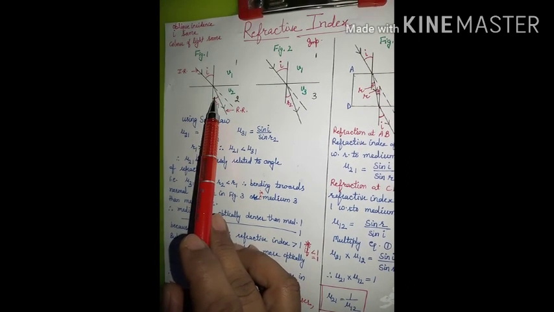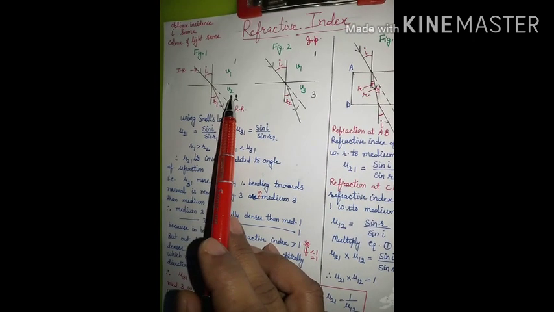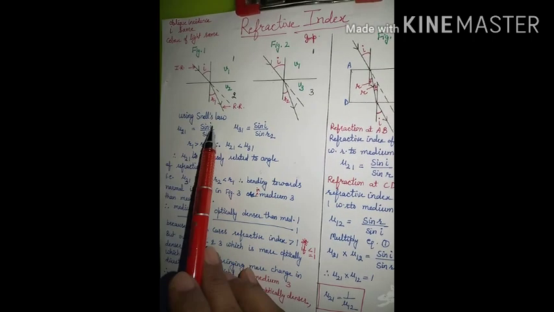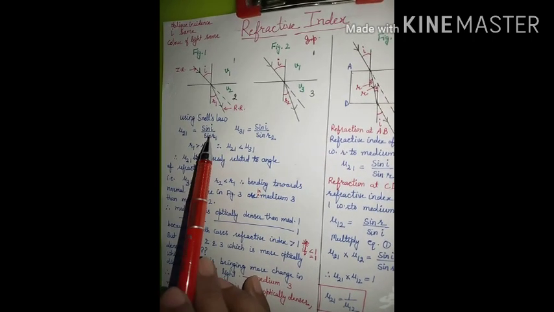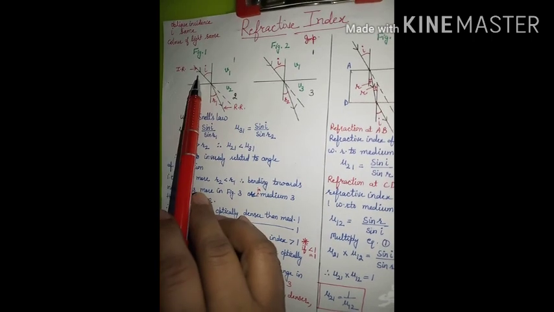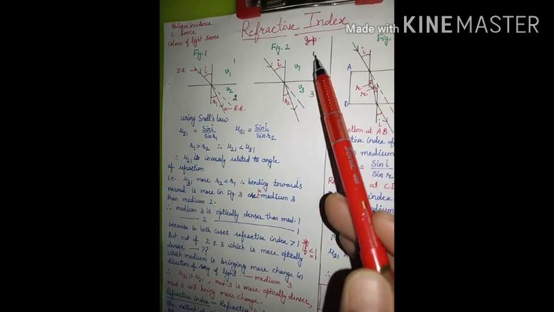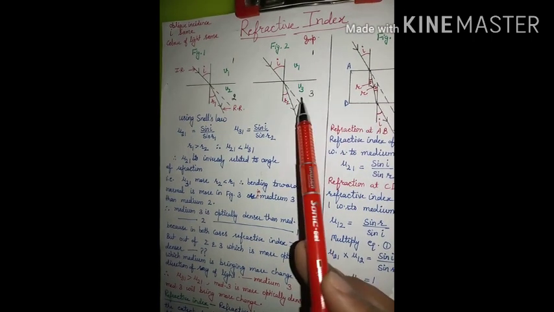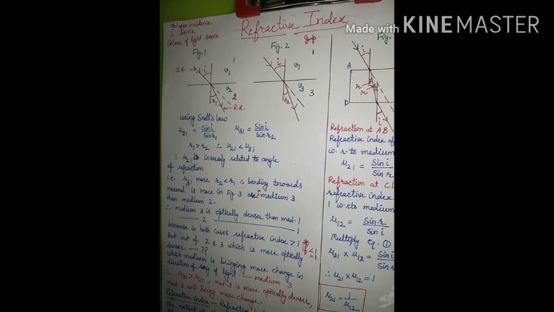So according to Snell's law, the refractive index of the second medium with respect to the first medium is given by sin i divided by sin r1. Now consider this ray of light entering from medium 1 to medium 3. Mediums 2 and 3 are different, while the two medium 1s are the same.